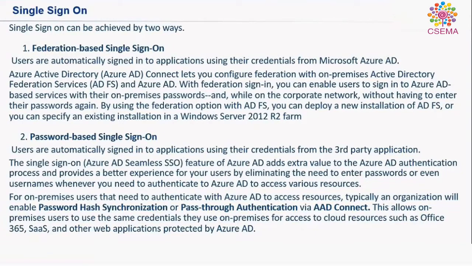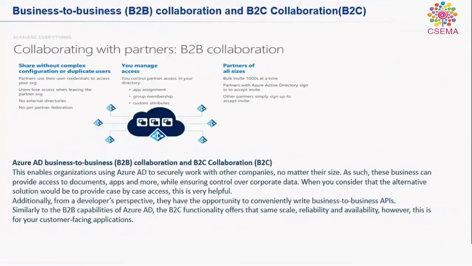And then there is business to business collaboration and business to client collaboration here. Azure Active Directory B2B and B2C allow you to work with external users in Azure AD. Basically, B2B is for businesses that want to securely share files and resources.